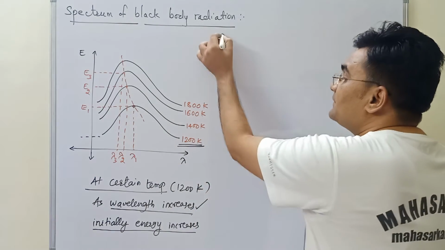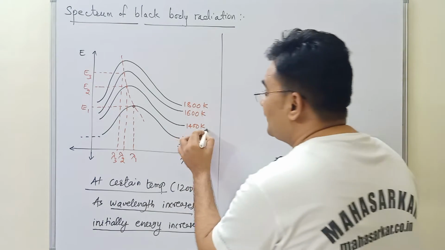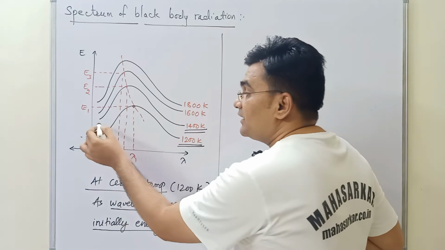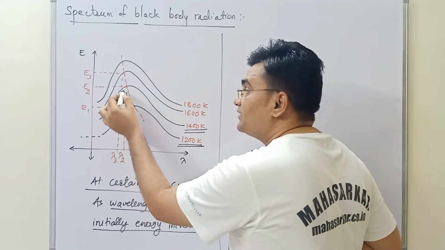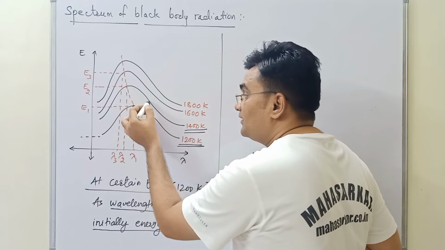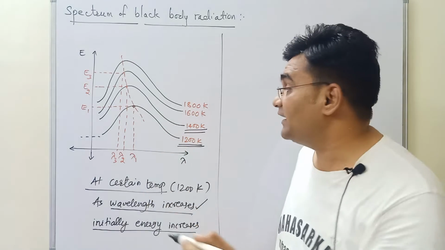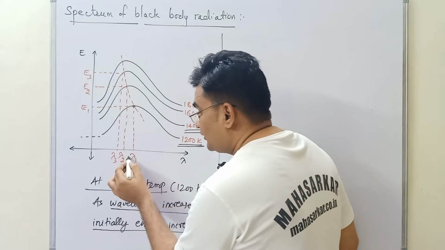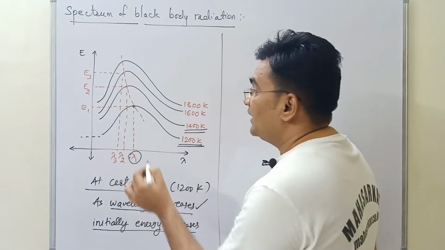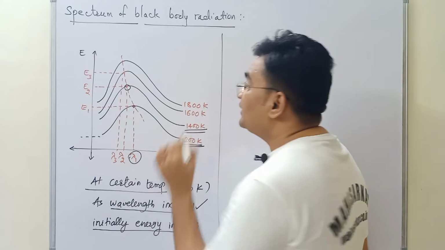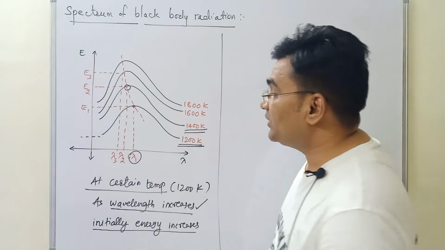Now if I increase the temperature further, suppose the temperature is now 1400 Kelvin, then what is observed again? Again energy increases, wavelength also increases and again decreases. But if I compare the graphs at 1200 Kelvin and at 1400 Kelvin, what is the important difference?